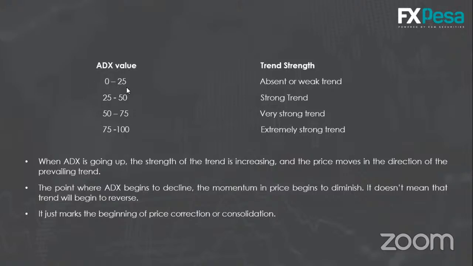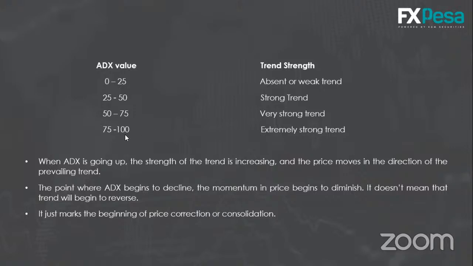So anywhere between 0 and around 20, the current trend is considered to be quite weak. From around 20 to level 50, the trend becomes stronger. As it soars higher, from 50 to 75, the prevailing trend would be quite strong.